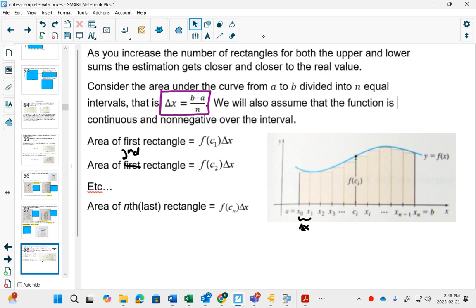You see that sometimes it chooses the left point and sometimes it chose the right point for the rectangle. So the diagram is always choosing whichever point made the rectangle smaller, to guarantee, this is called a lower sum. It guarantees that my sum is too small. Compare that with the upper sums, which guarantees that the sum is too big. And then you would have bounds where you would say the area would be between.